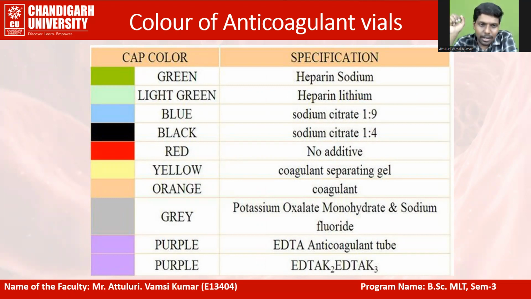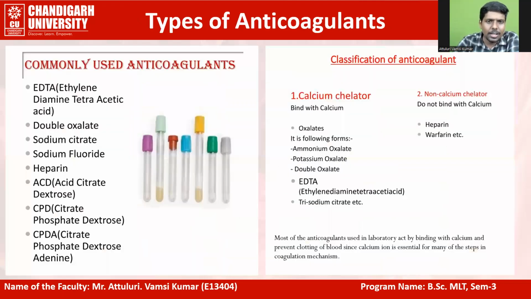These colors have been internationally standardized. Oxalates are in a gray-colored tube. Yellow is for coagulant suppression, clot activator. Red is non-additive, a reagent-free container; there won't be any anticoagulants in it. Light blue is sodium citrate. So these are the various color schemes that have been internationally standardized for various anticoagulants.